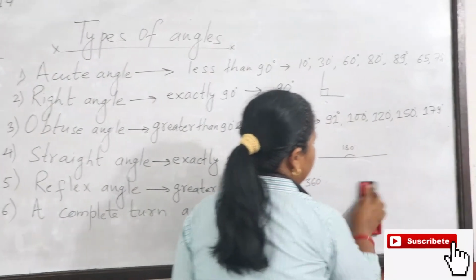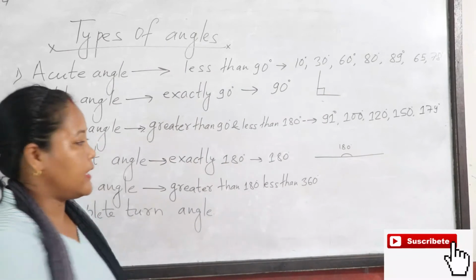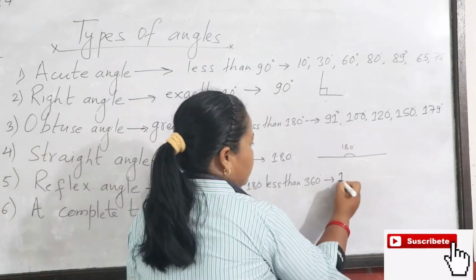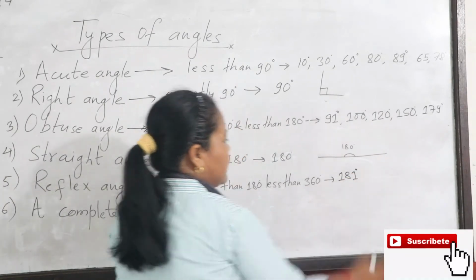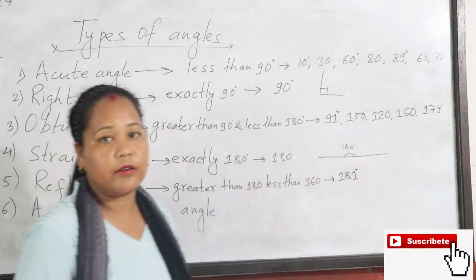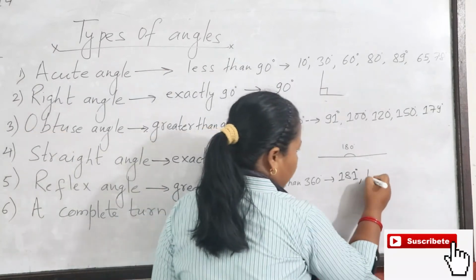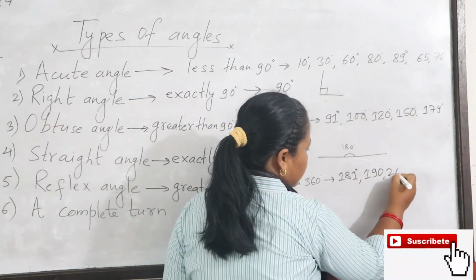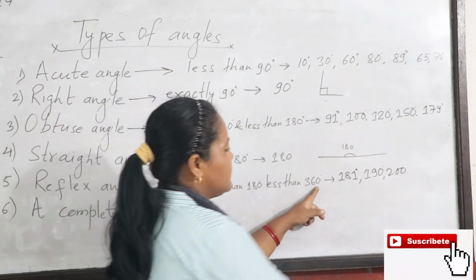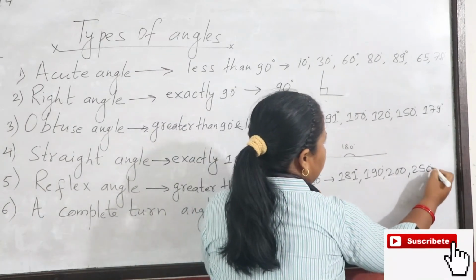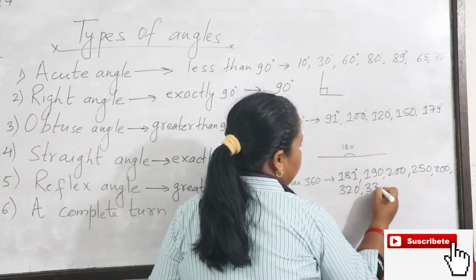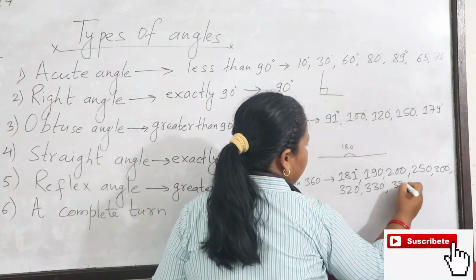What are the examples of reflex angle? Can you tell me? Greater than 180, then 181 degree. We can write here 181 degree is a reflex angle. And 190 degree, 200 degree, you have to look at 360. Below 360, less than 360. 200, 250 degree, 300 degree, 320 degree, 330 degree, 355 degree.